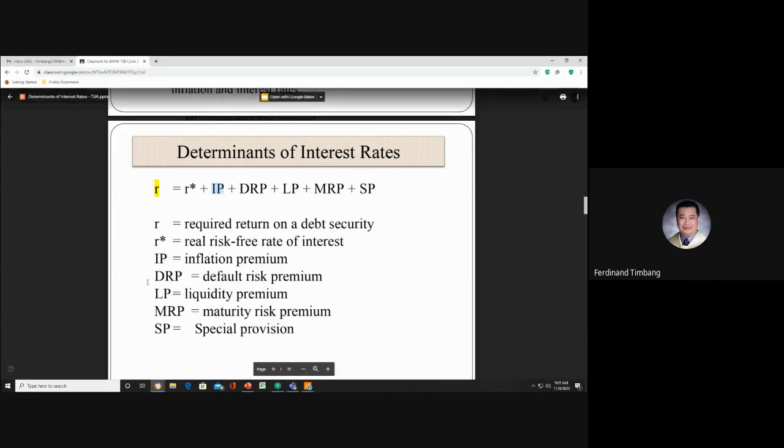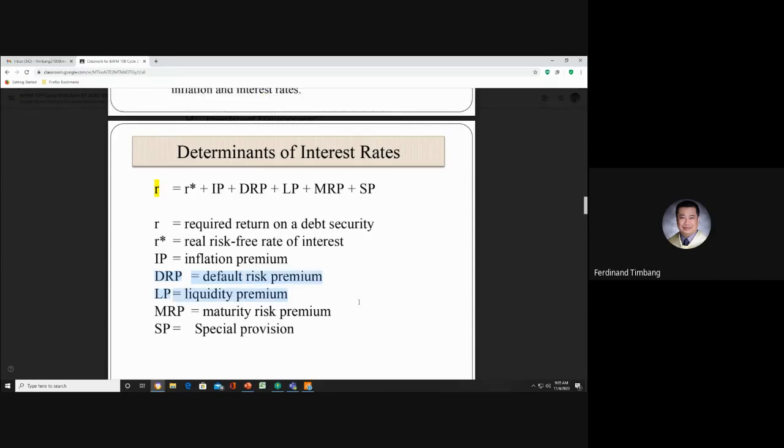And actually, itong dalawang to, yung DRP at saka yung liquidity premium, yan yung difference actually lagi ng government security at saka ng corporate security. Palaging dyan nagkakaroon ng difference, no? For a long-term corporate security at saka long-term government security.